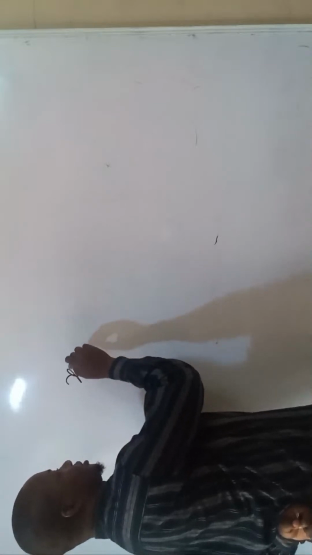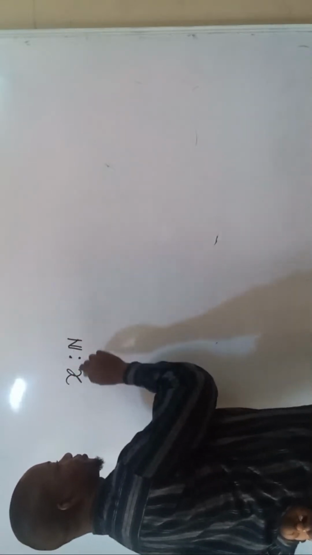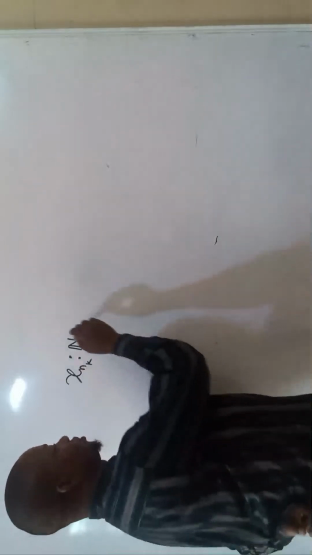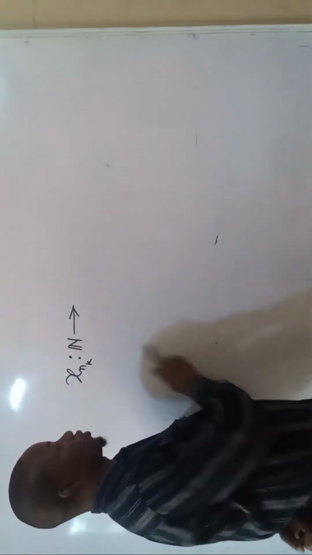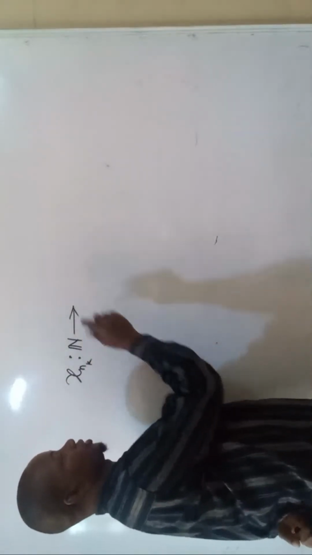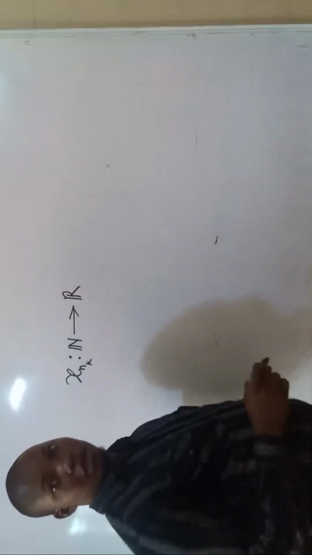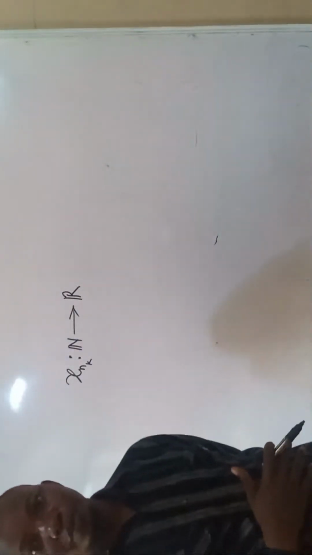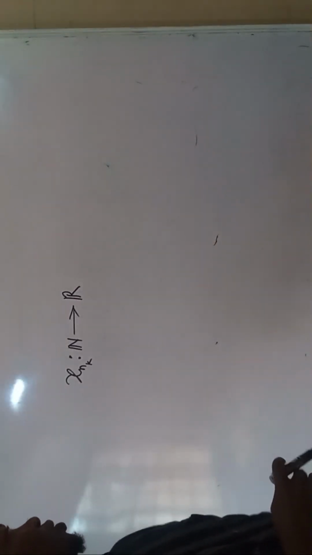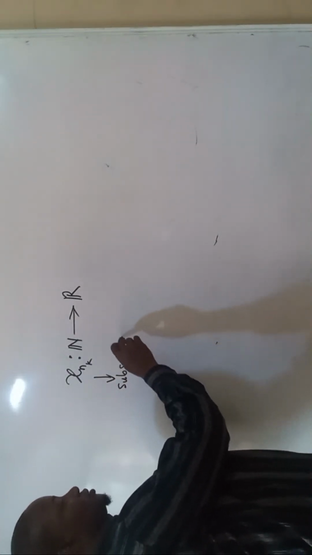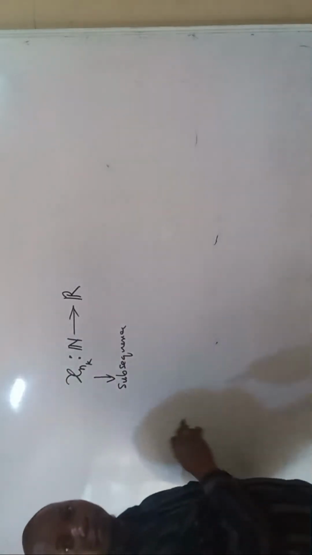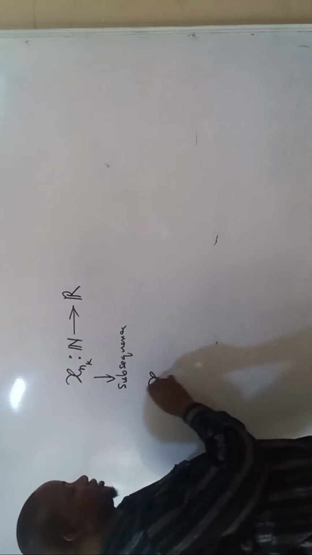In our last class, we defined the subsequence of a sequence as a function x_{n_k}, where N is the codomain of another sequence n_k, and this maps to R. We call this a subsequence, and the formulation is from this mapping.